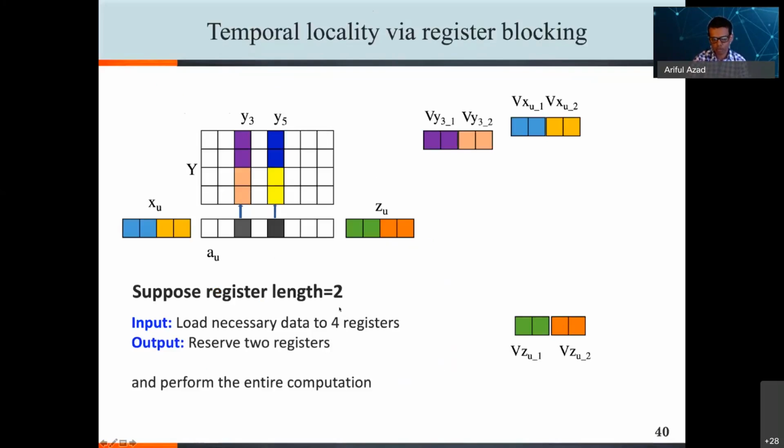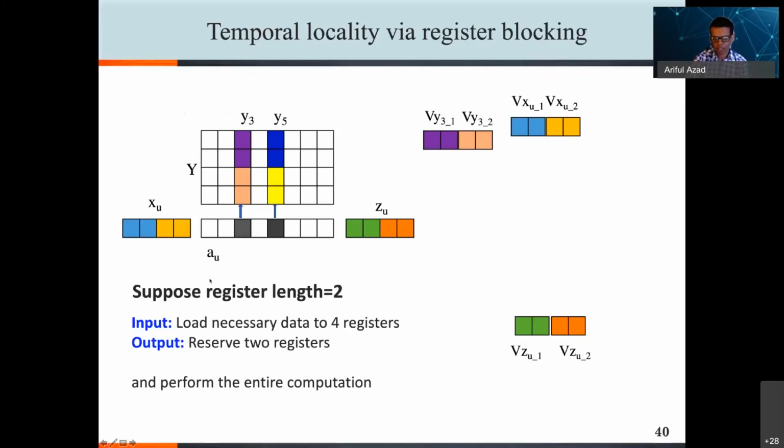Then, in order to multiply this part of Y with our X, we can allocate 4 registers, 2 for X and 2 for Y. We put the data into registers, and we also allocate 2 registers for our output Z.